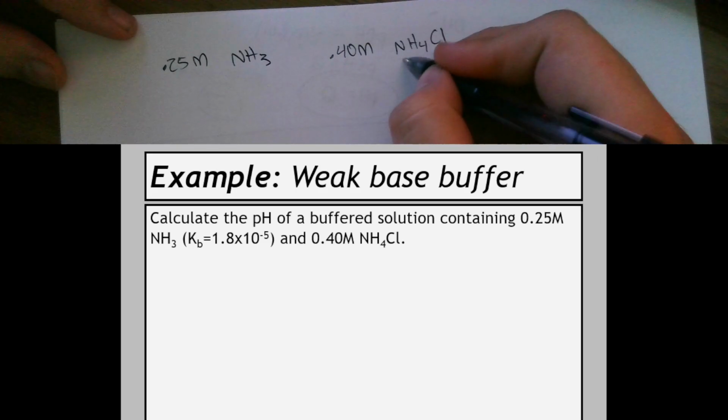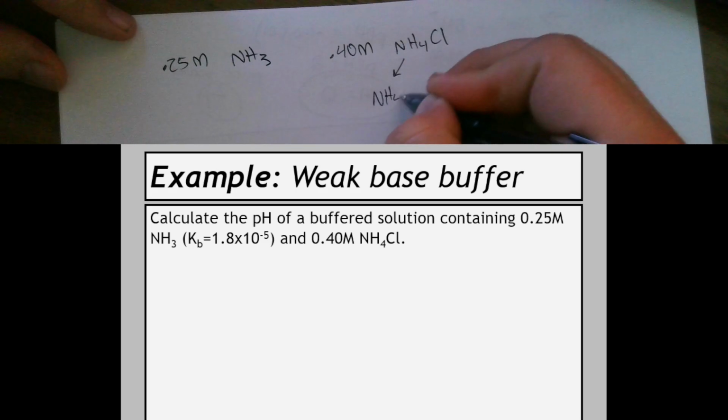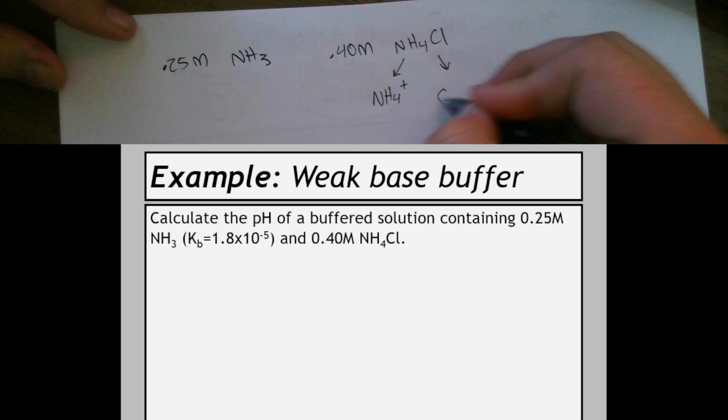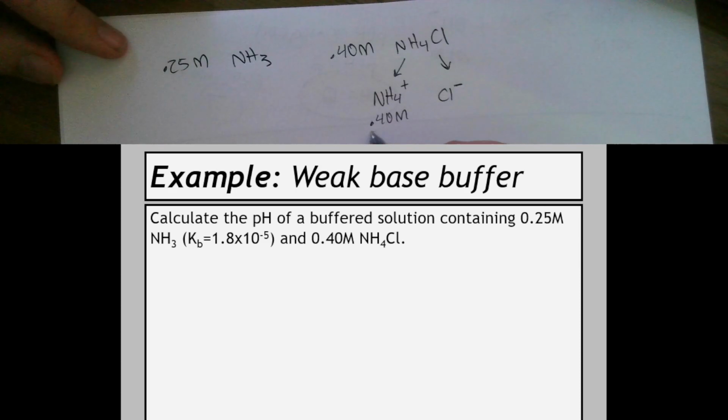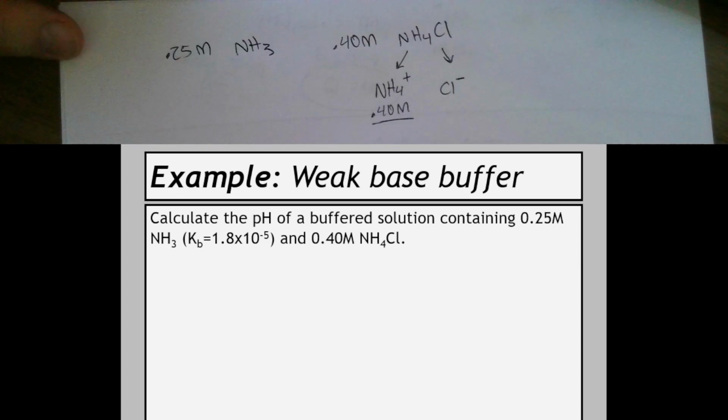NH4Cl is a salt. It's going to split apart into its ions. Cl minus doesn't matter. We're looking at this NH4. So we're 0.40 molar NH4 plus. That's what I care about that salt.